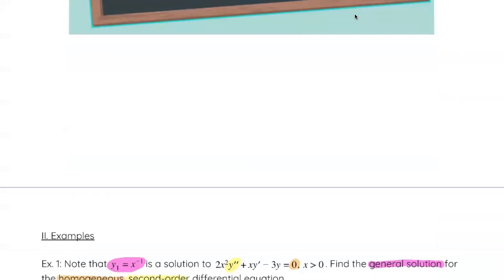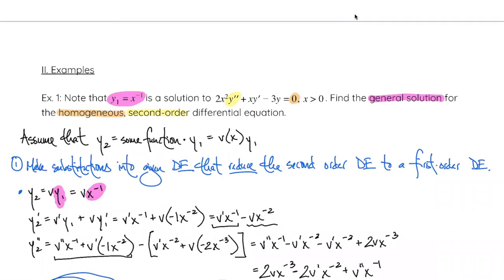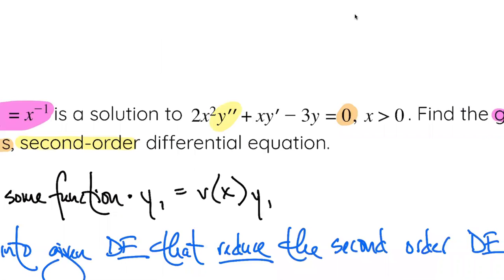Well, what I mean by that is if we look in this previous question, look at our coefficients. 2x squared, that's not a constant. X, that's not a constant. -3, that one is a constant, but all three of these can be considered non-constant coefficients, all right?